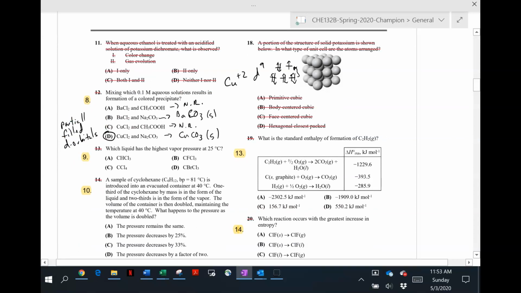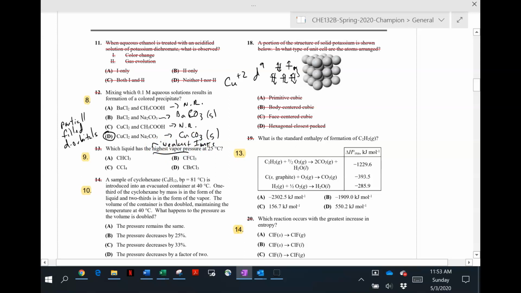All right, number 9 asks us to determine which liquid has the highest vapor pressure at 25 degrees C. So highest vapor pressure is going to be the weakest IMFs, is what highest vapor pressure means.